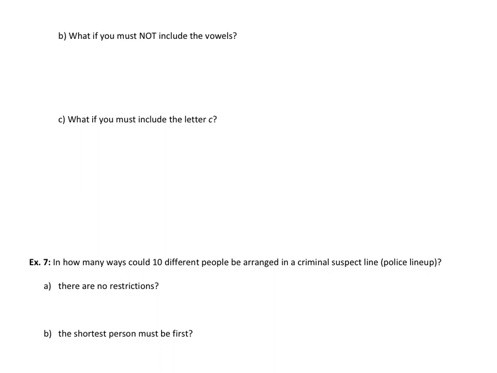So continuing with our question 6, where we're dealing with the word potluck, I'm just going to write that here so we can have a visual. What if we were concerned with making arrangements where we did not include vowels? So that's part B. That means that O can't be used and U can't be used.